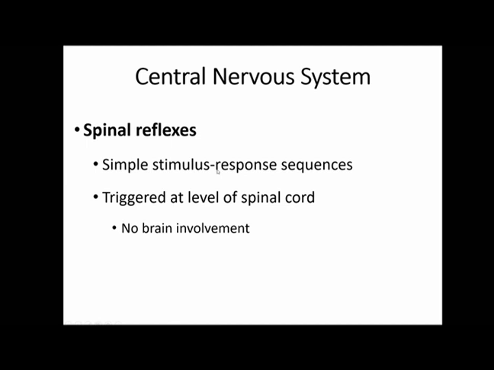You're going to respond to that stimulus. And our motor neurons do the responding because they're signaling a muscle to do some kind of reaction, at least in this case. And we kind of mentioned already that these spinal reflexes are actually triggered at the level of the spinal cord. So the interneurons within the spinal cord will do the quote-unquote decision-making and decide if you should respond to a particular stimulus.